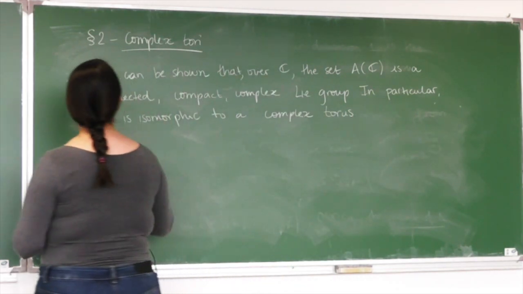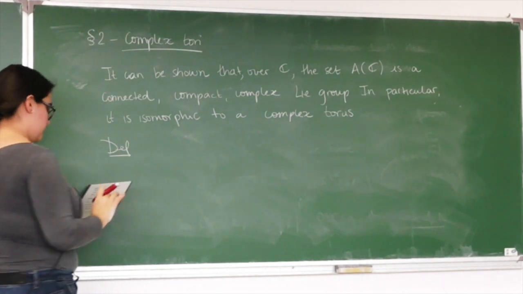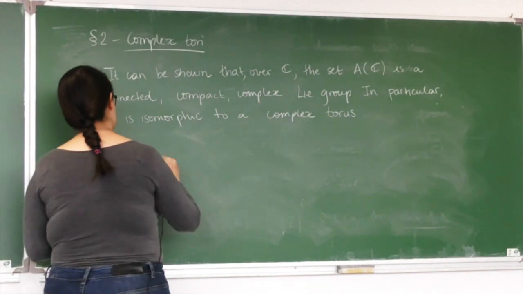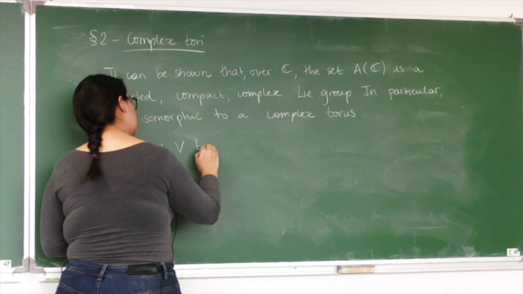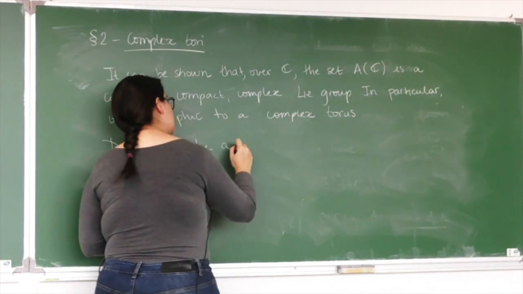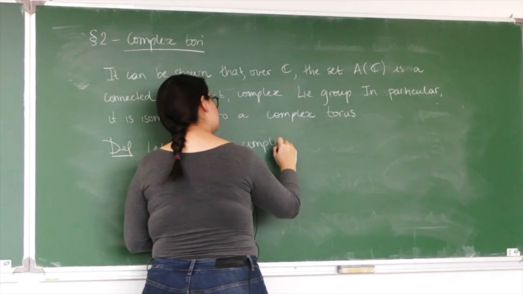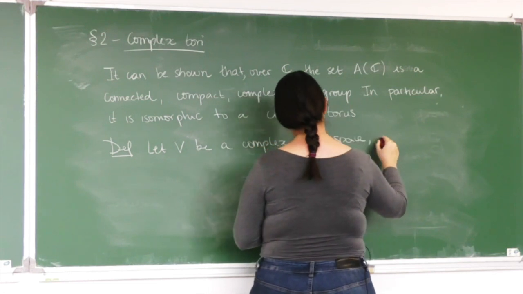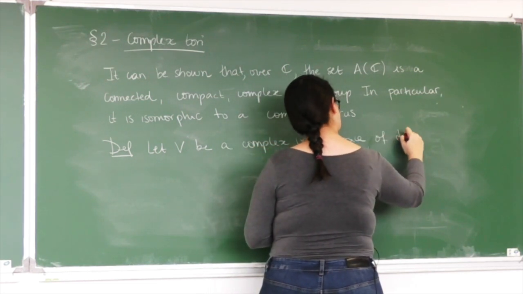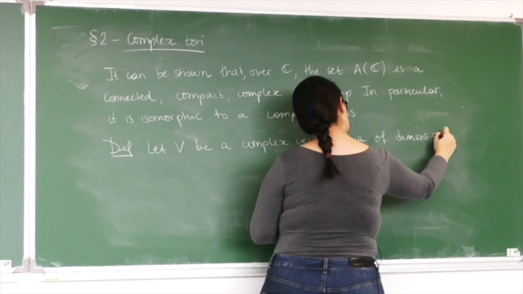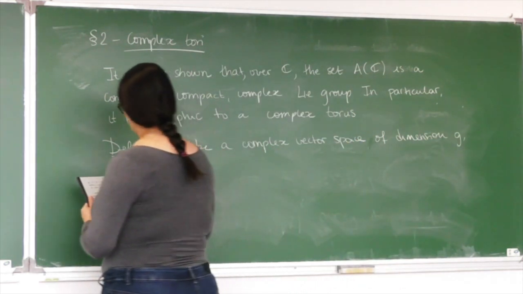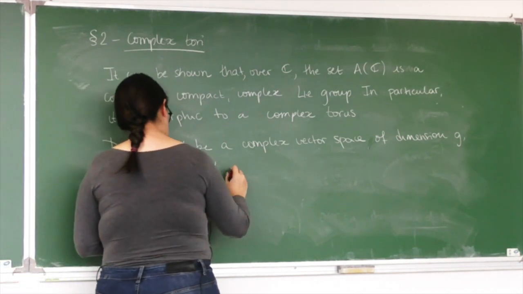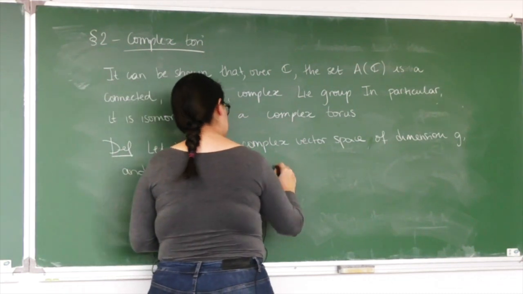So we didn't see this when we talked about elliptic curves, but let me now give you the formal definition of a complex torus. Let V be a complex vector space of dimension g, and let lambda in V be a full rank lattice.